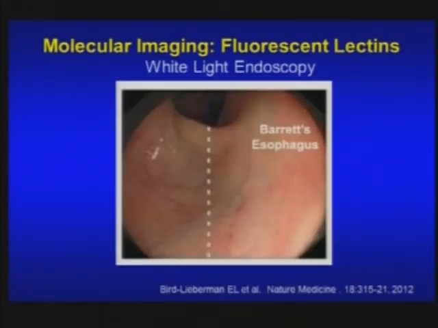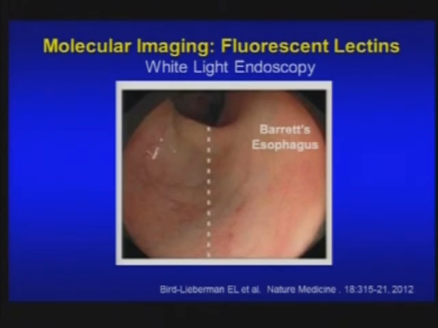A second method of molecular imaging, published just last year, uses fluorescent tagged lectins. Lectins were identified on the surface of the Barrett cells, and these were somewhat specific. Here's an endoscopic image obtained using white light in a patient with Barrett's esophagus who had an area of biopsy-proven high-grade dysplasia.